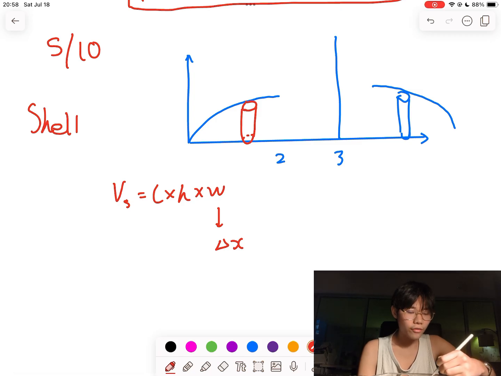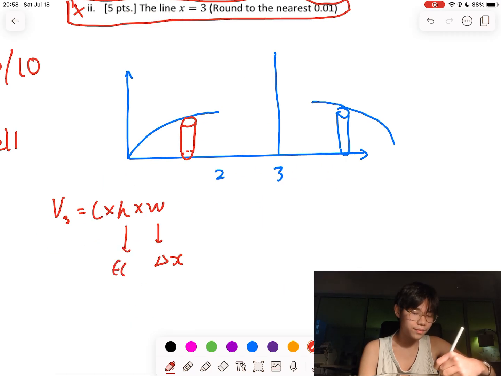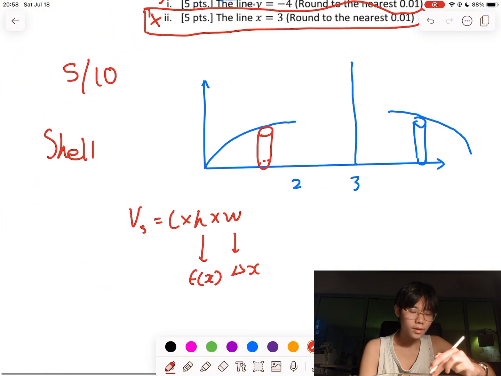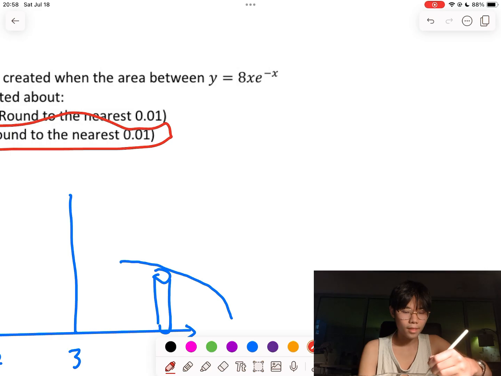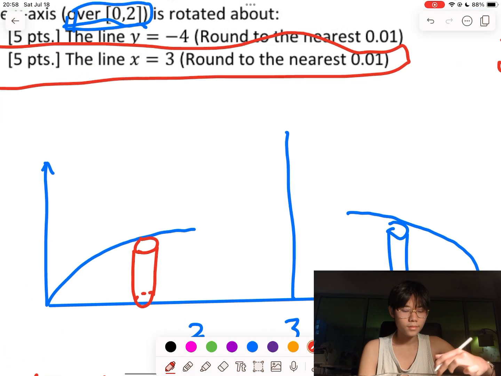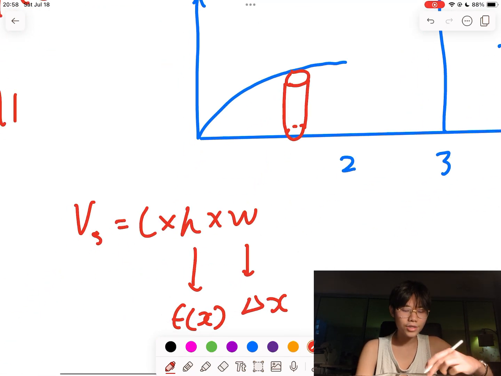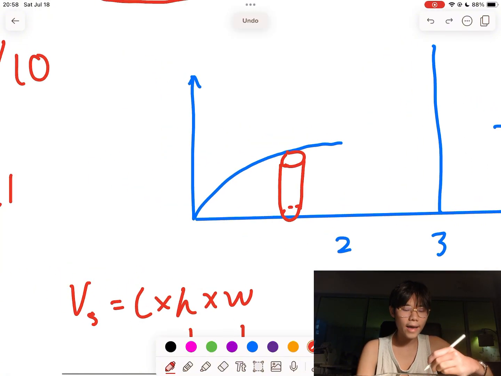The height, which I forgot how to do, is just the function. Why is that? What is a function in the end? Let's say we put an x value into it, x equals 1. We put it into the function, out comes the y value. So the height is just the y value, and the line is our function.